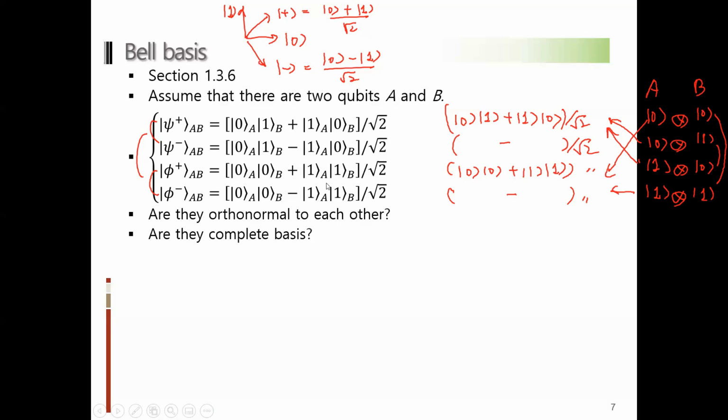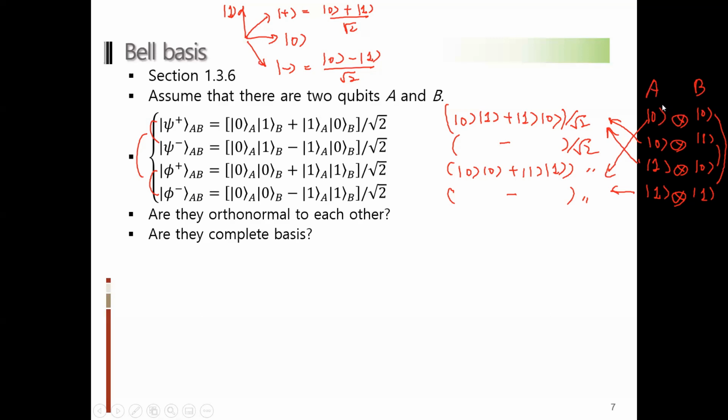And we can say that they are complete bases because these four bases exist in the new vector space created by the tensor product of these two qubits, combining the vector spaces corresponding to two qubits.